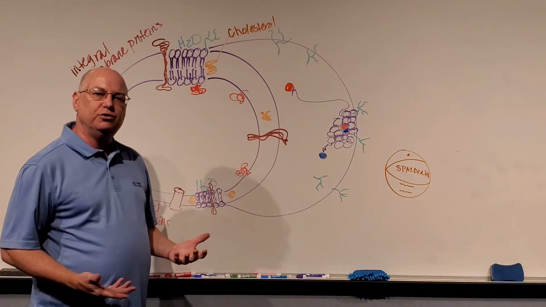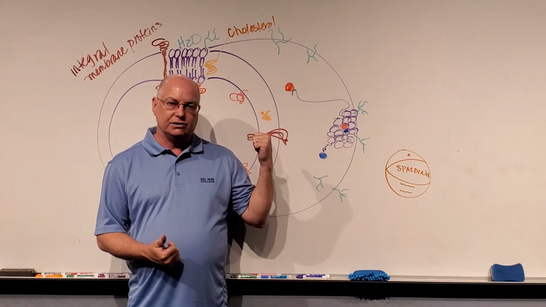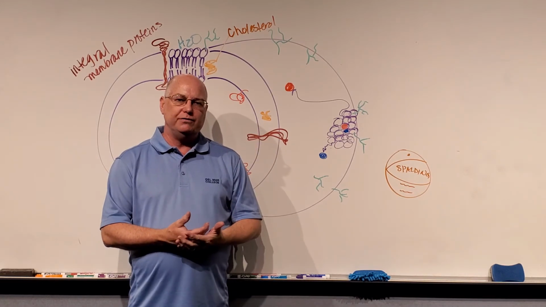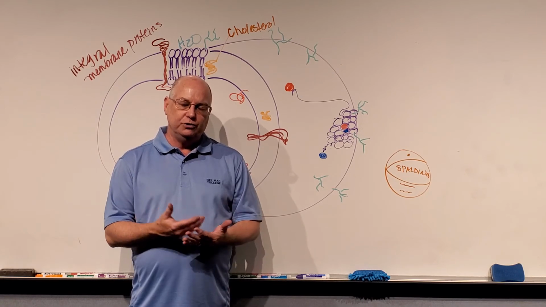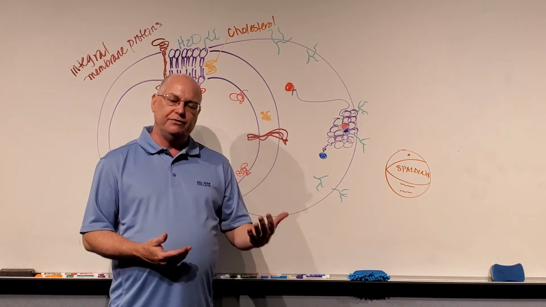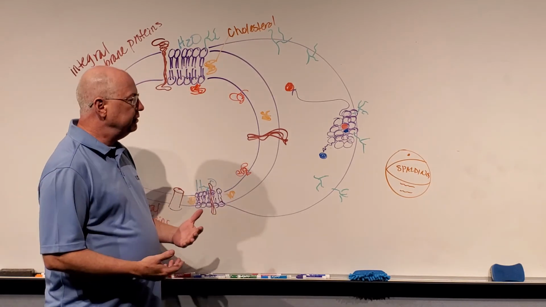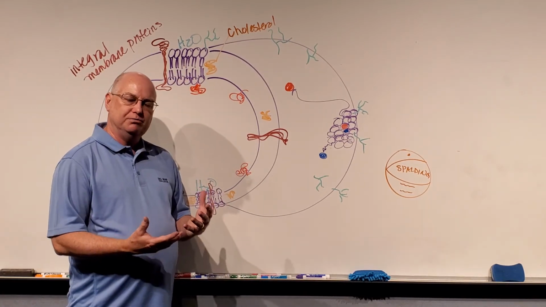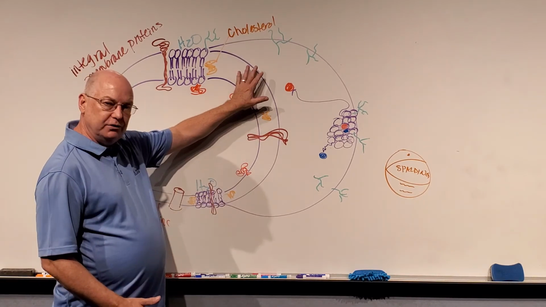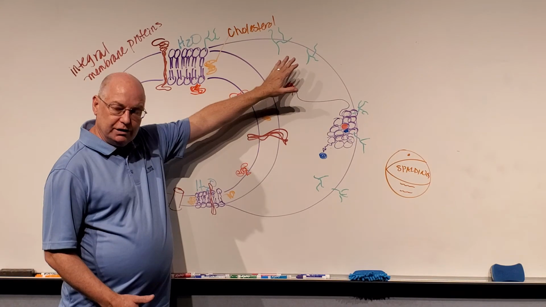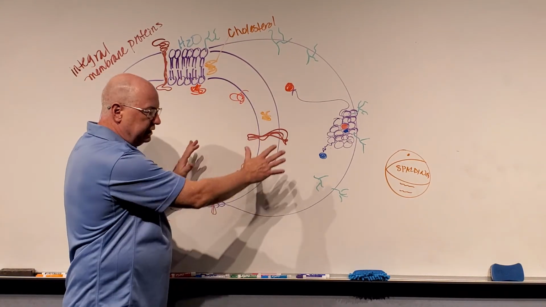It asks you, what is the fluid mosaic model? Well, this is what the fluid mosaic model is. It is the best working definition or description of the cell membrane. It shows that the cell membrane is a complex and dynamic mixture of phospholipids, associated sugars, cholesterol, and proteins that are constantly moving.